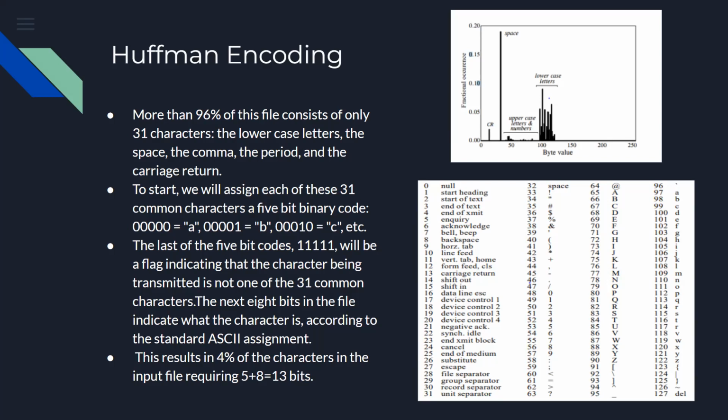Characters that occur most often, such as the space and the period, will be assigned fewer bits, and the characters which are infrequent, which are very rarely seen, such as the exclamation mark, the hash sign, and so on, will require more bits. In mathematical terms, the optimal situation is reached when the number of bits used for each character is proportional to the logarithm of the character's probability of occurrence.